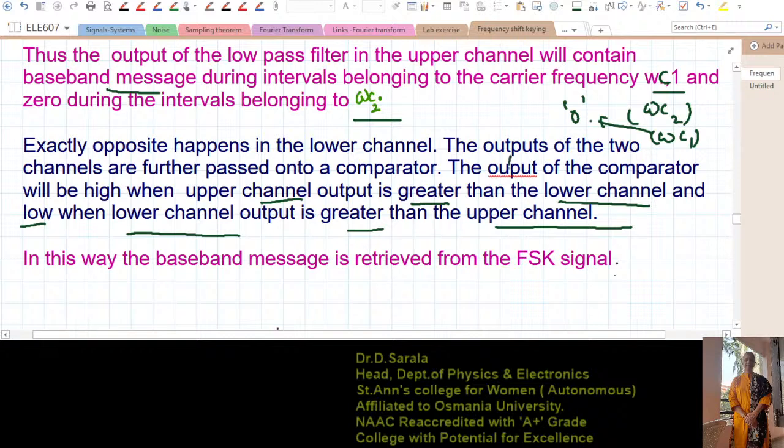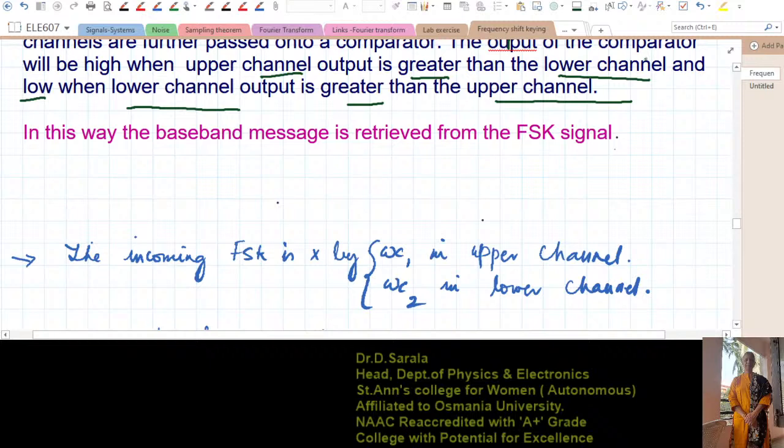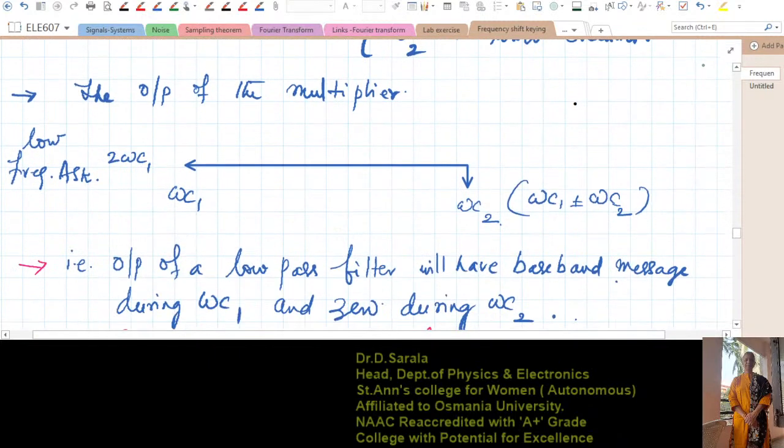Let me repeat, the output of the comparator will be high when upper channel output is greater than the lower channel, and low when the lower channel output is greater than the upper channel. So if lower channel happens to be greater, it becomes 0. If upper channel is greater, it is high, and vice versa. This way, baseband message is retrieved from the FSK signal.